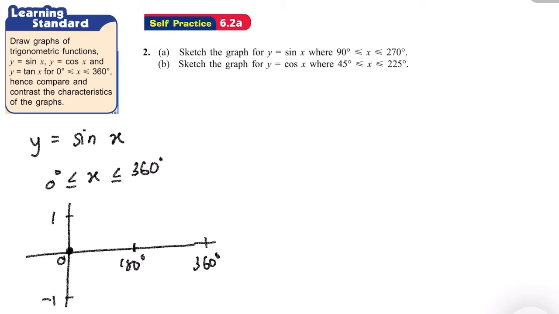So our sine graph will look like this. Start at 0 degree and stop at 360 degree, the maximum value is at 90 degree, and the minimum value is at 270 degree.